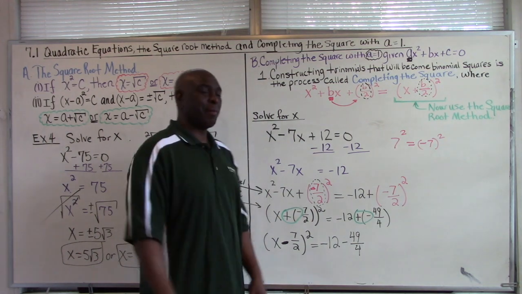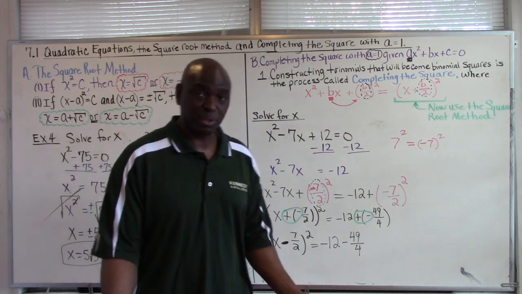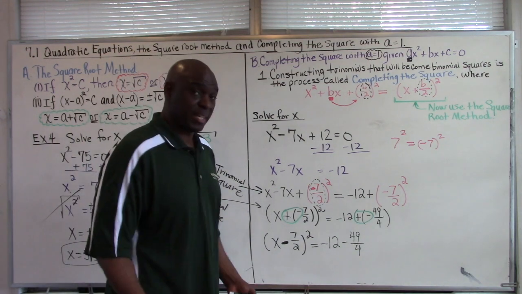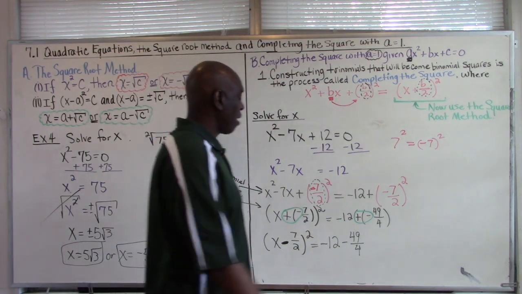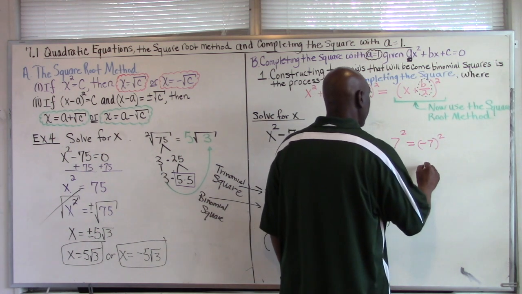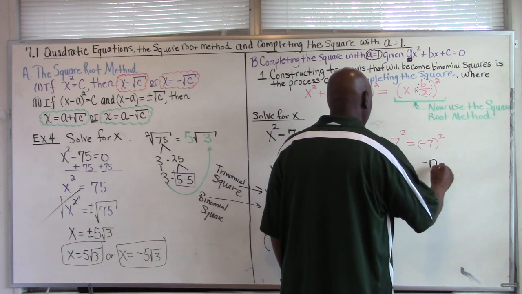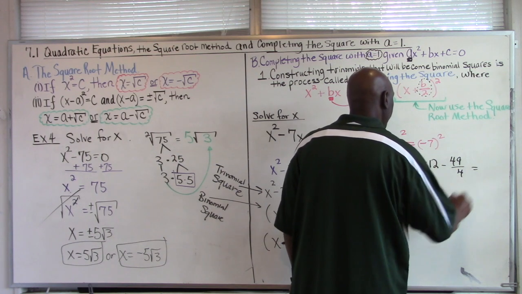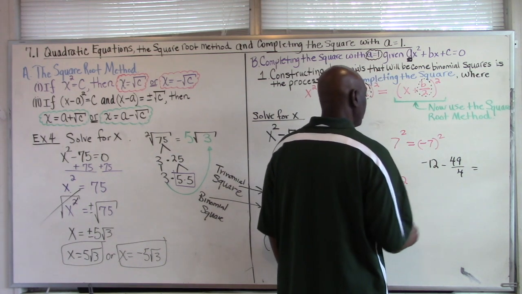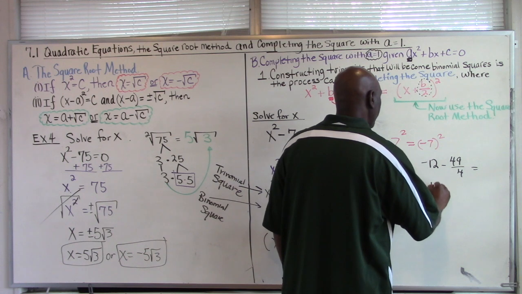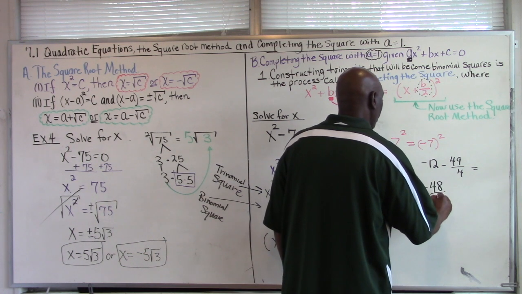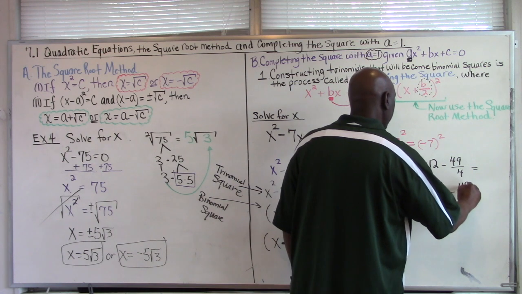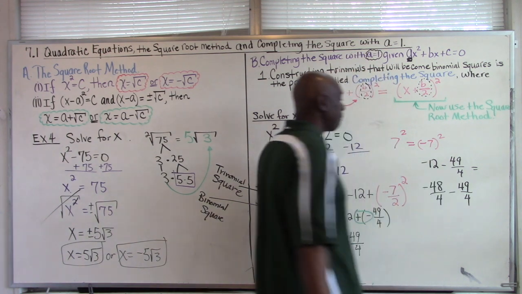All right? I mean, if you have a calculator, go ahead and use your calculator. That might be the best way to go about it. But if you don't have a calculator, we just have to work the problem out. All right, here we go. Negative 12 minus 49 divided by 4 equals, let's write this as negative 48 over 4 minus 49 over 4.